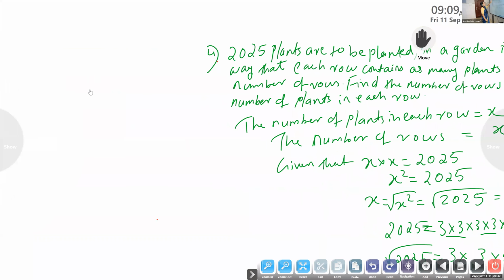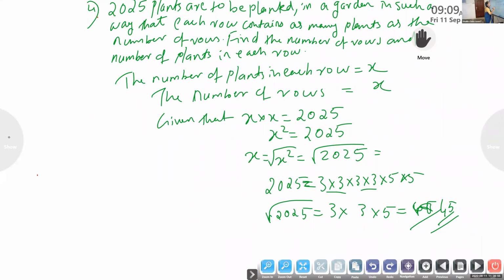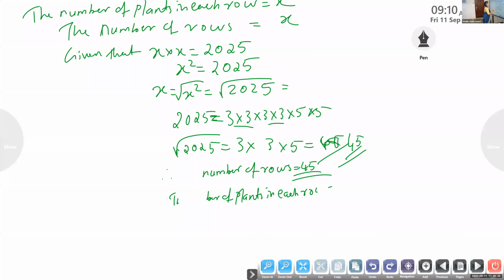The question is not finding X, the question asks for the number of rows and the number of plants in each row.